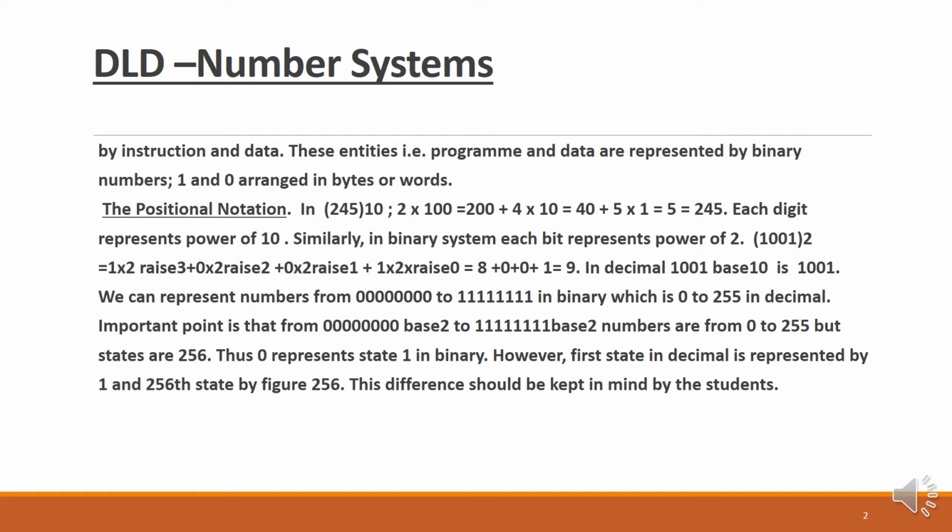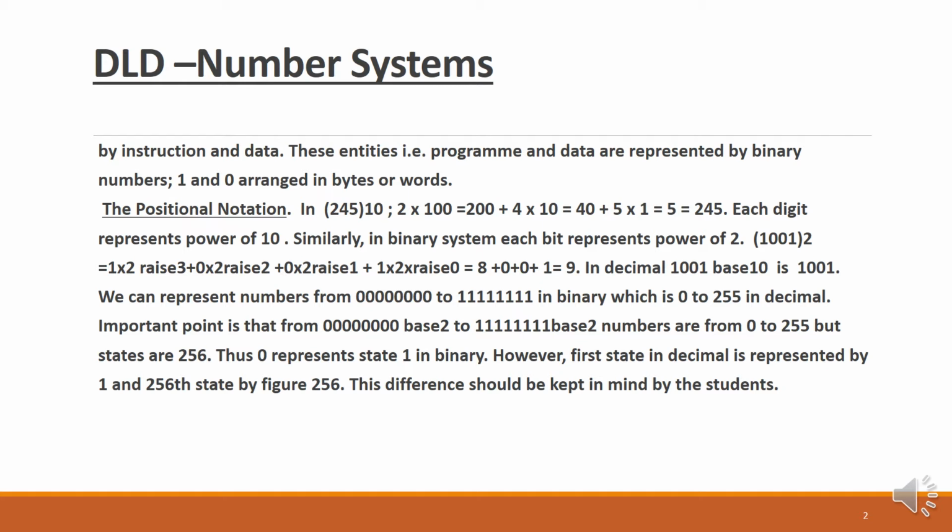Okay. Next we come to the positional notation. Now if you see the figure, 245, and outside the bracket I have written 10. This 10 is basically the base. We can write this, from your simple mathematics, as 2 into 100 is equal to 200, plus 4 into 10, that is 40, plus 5 into 1, that is 5, and it makes 245.